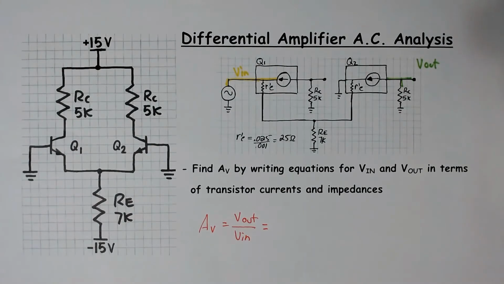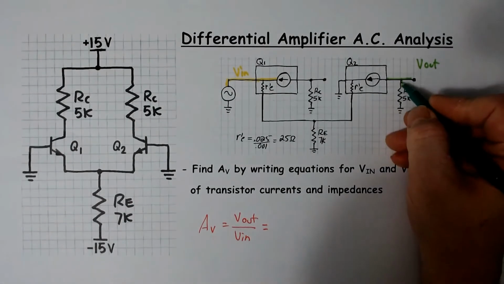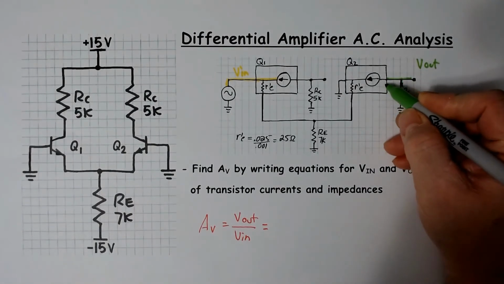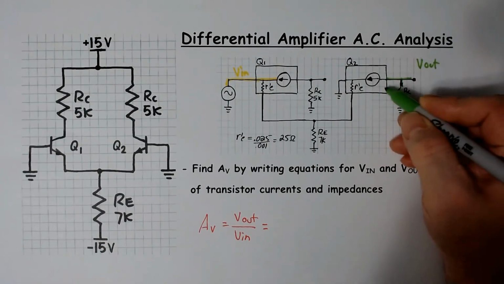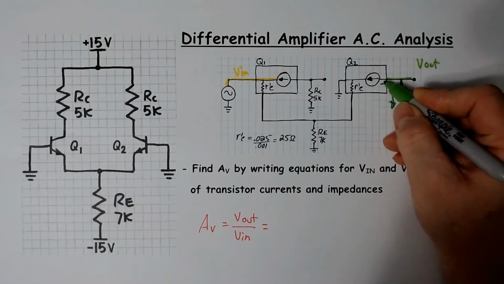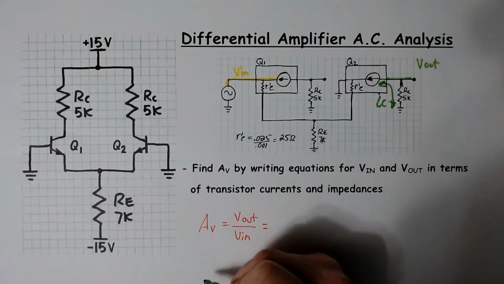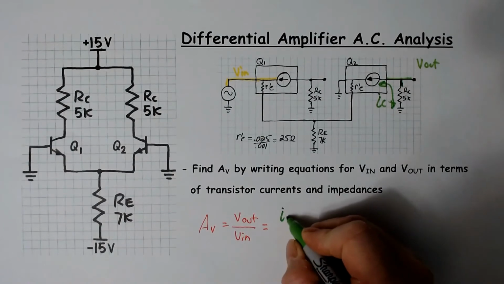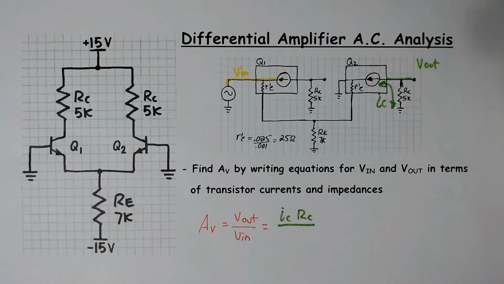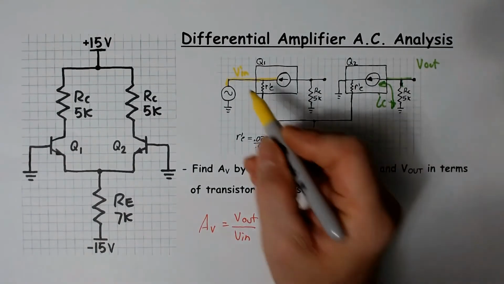So for V out is here. Let's write a formula for V out in terms of transistor currents and resistors. So the current that goes through this resistor, this is the only resistor in that neighborhood, and the current that goes through that resistor would be IC. So V out would be IC RC. And then V in, let's see, here's V in.